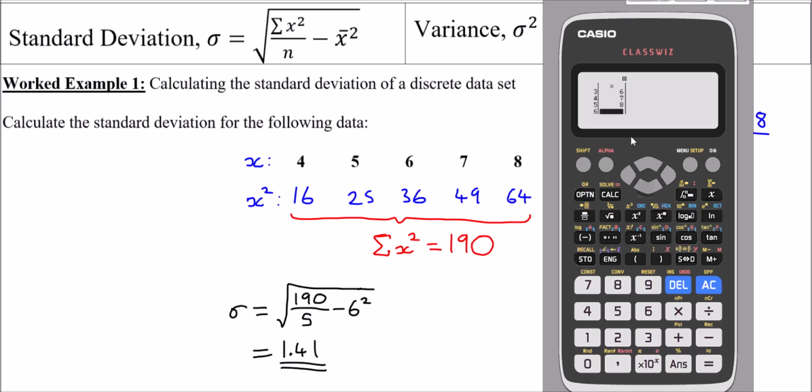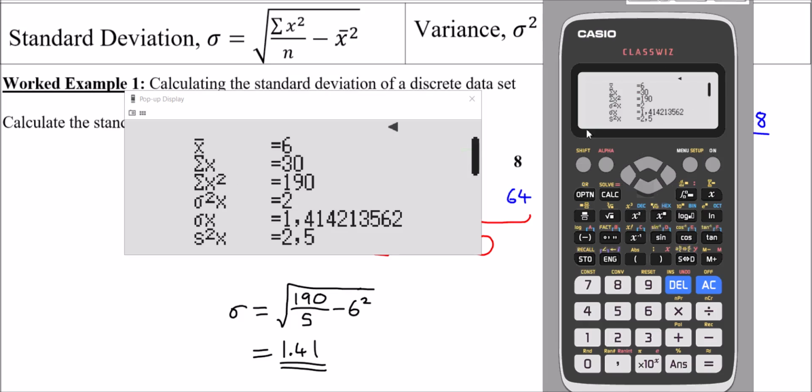Once you put all the data points in, press AC, then OPTN, then click on one variable calculation. So number 2, then we're after where it says sigma x. Sigma x is 1.41 to 3 significant figures, which is exactly what we had ourselves.